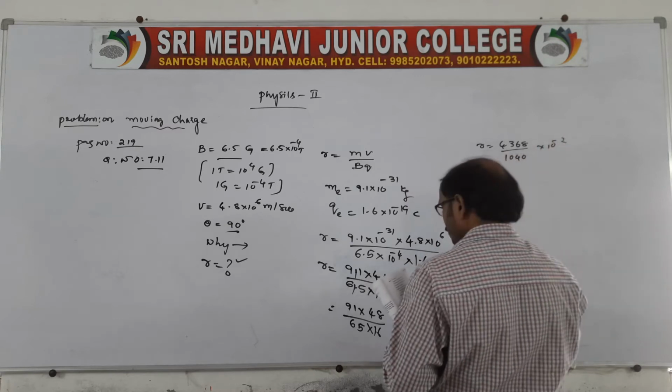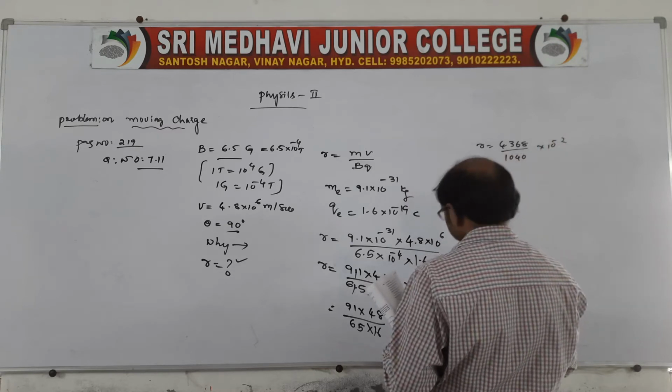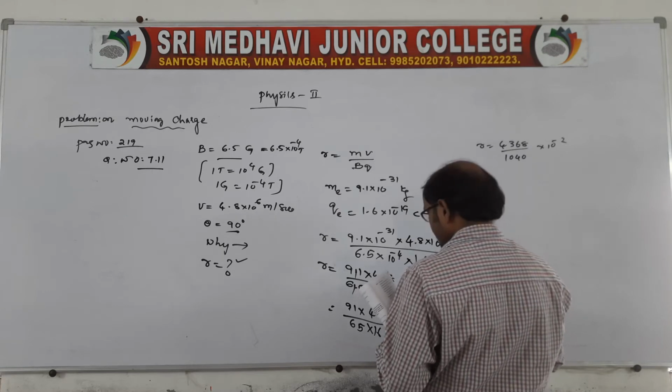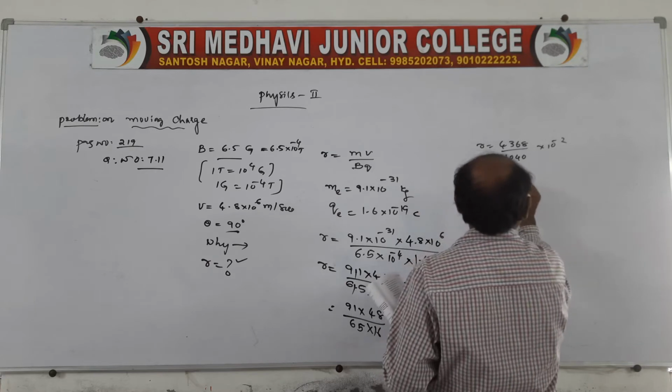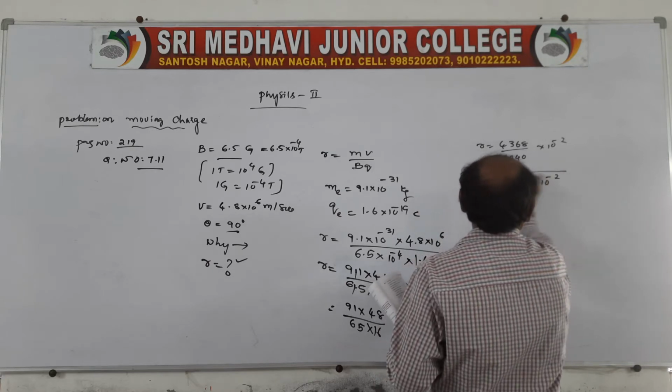So R is equal to 4368 divided by 1040, which is 4.2.